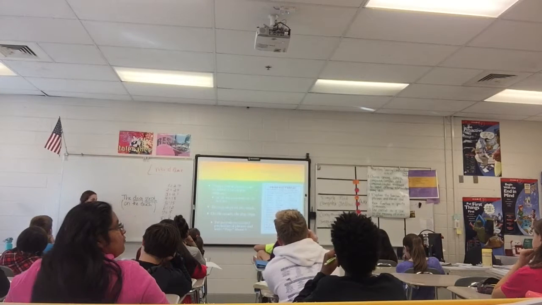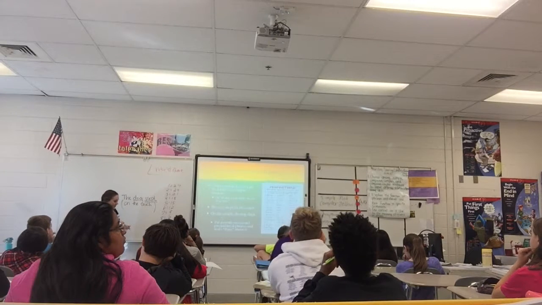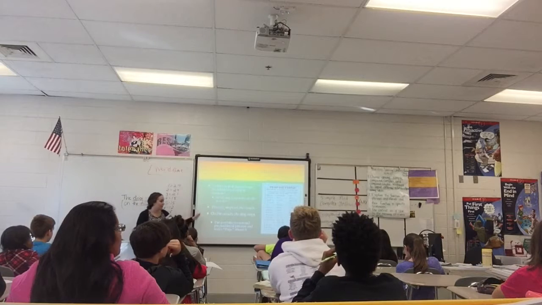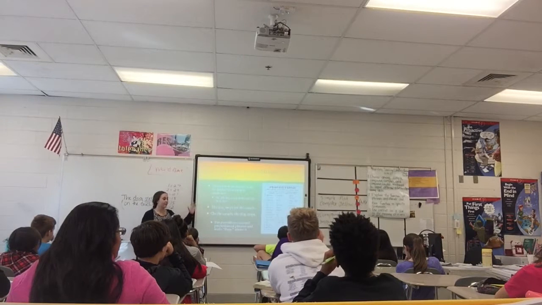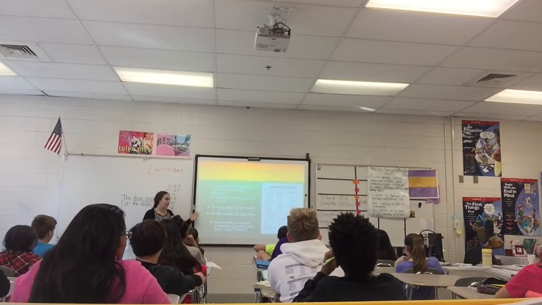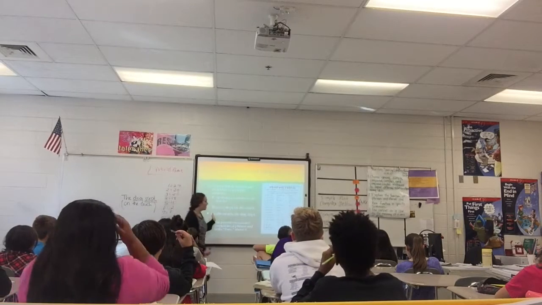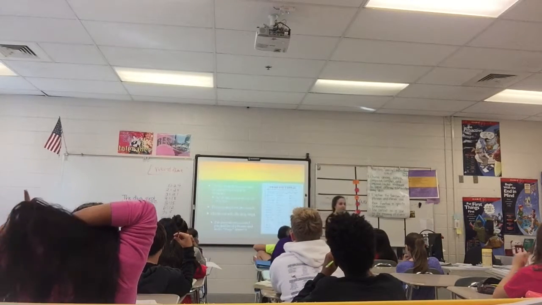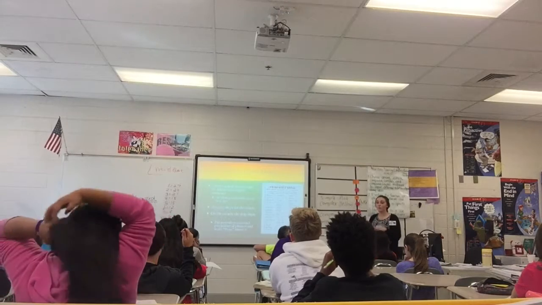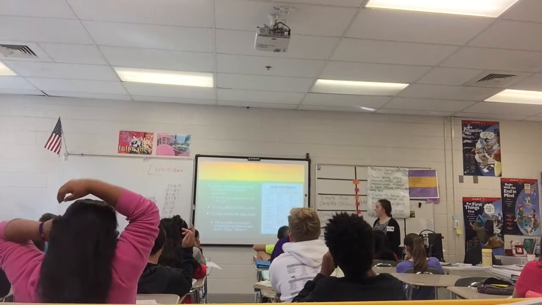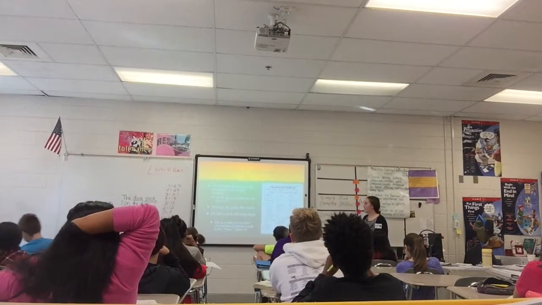Still a simple sentence. But then, it can also be moved to on the couch, the dog slept. So it doesn't have to be at the end of the sentence, it can be at the beginning. You can add little prepositional phrases within the sentence. You could have probably 12 prepositional phrases within the sentence, and it would still be a simple sentence.